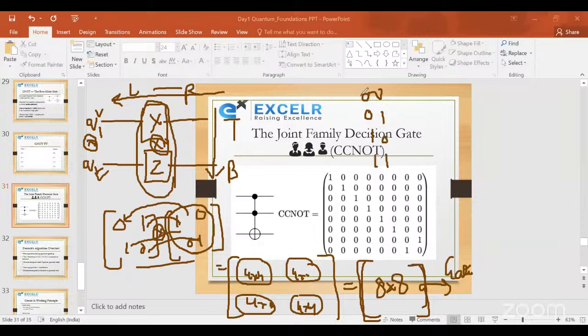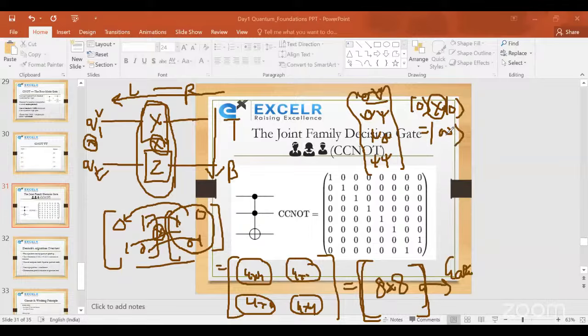So any of these can be presented as the input. These are nothing but the tensor products of 0 and 0. So these are the direct tensor products. The tensor product of the 0 state and 0 state will give you this state automatically.